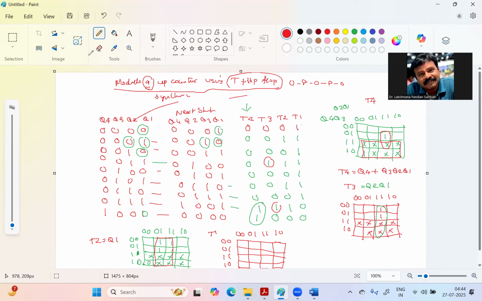Right. So here 0 to 7 is 1, 0 to 6 is 1. Then this is 0 0, 1 1, 1 1, 4, 5. So here we are having now this is change, right?